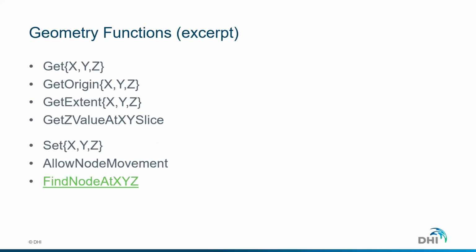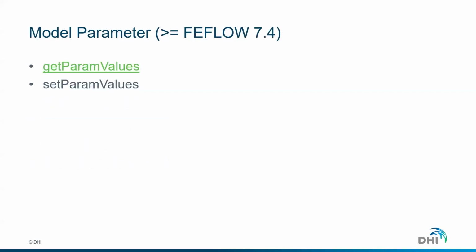You can get geometrical information like coordinates, the extent, the origin. You can change values of these geometries, so change the elevation, for example. You can find nodes. So if you are importing a shape file with points containing wells, which I will do in the exercise, then you can say, okay, find me the next closest FEFLOW node given XYZ, so that I can put my well BC in this location.